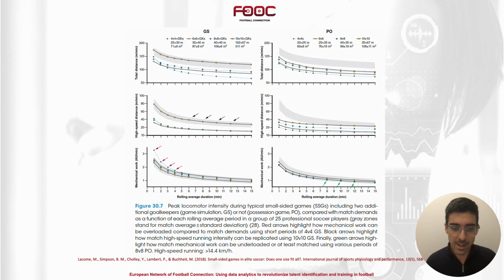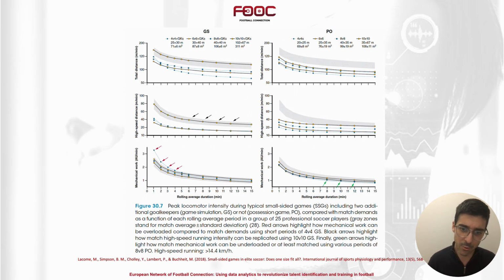This is another example, very interesting, because in this study, Lacombe et al. have provided comparisons between 4 versus 4, 6 versus 6, 8 versus 8, and 10 versus 10 in situations of ball possession and regular goal.